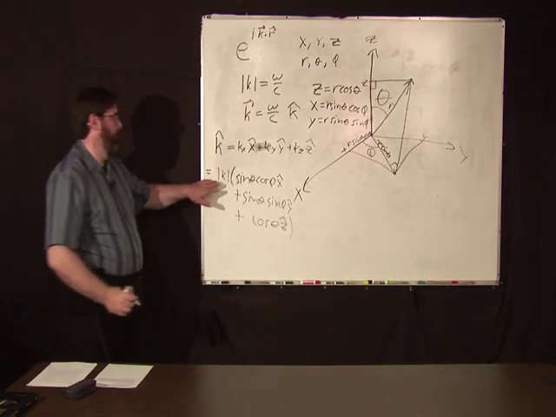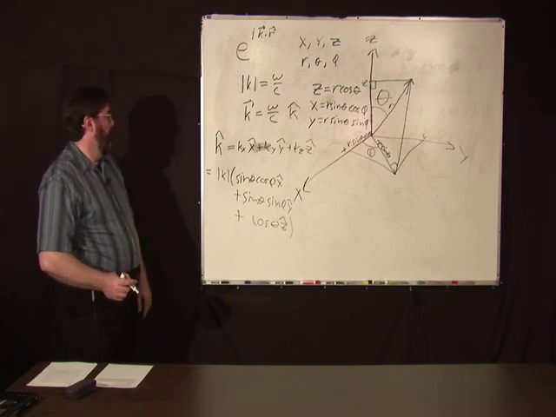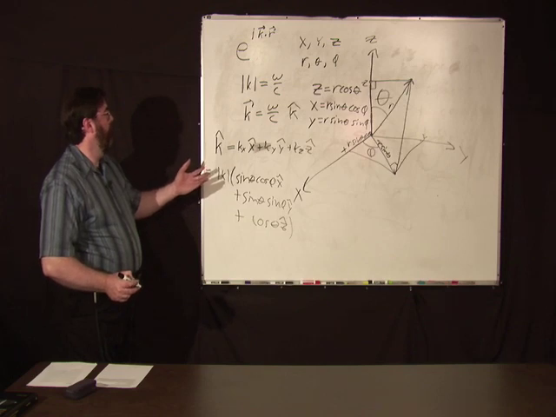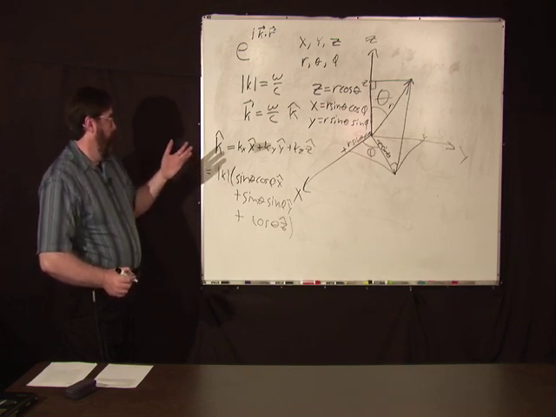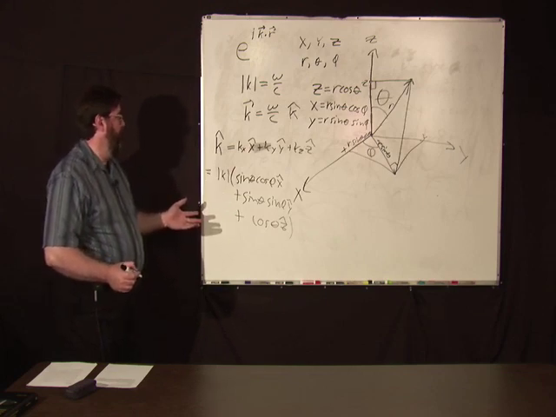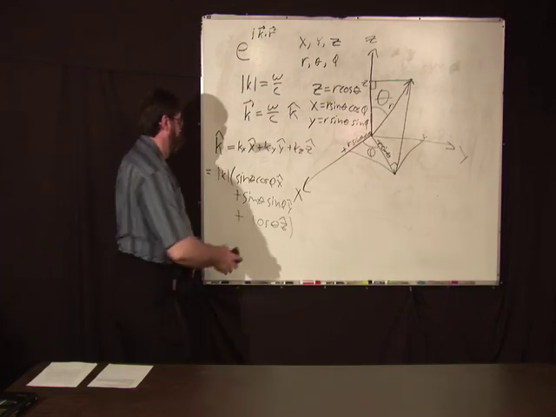Well, we already know magnitude of k is omega over c. So we can now go back and forth between spherical and Cartesian coordinates, and we can write this general plane wave now.